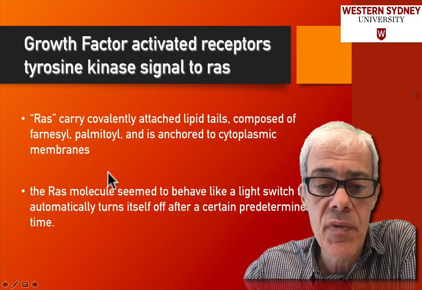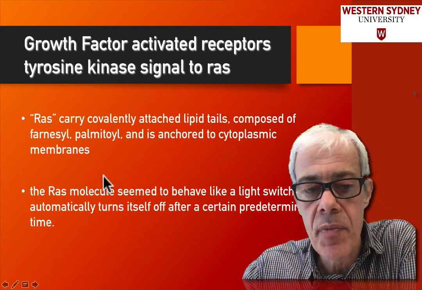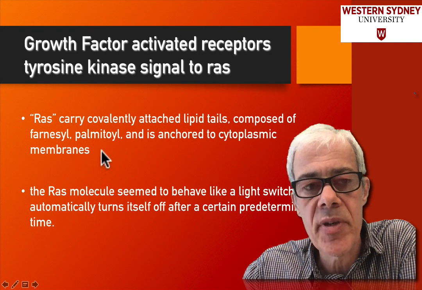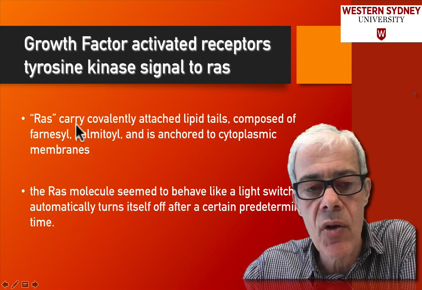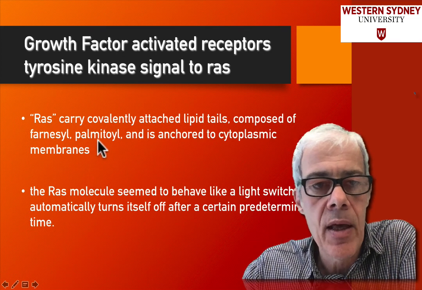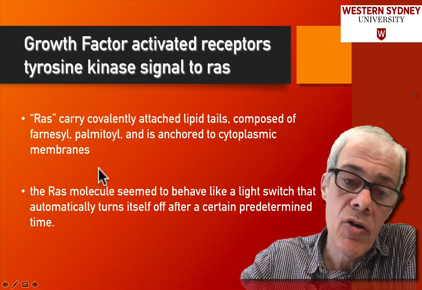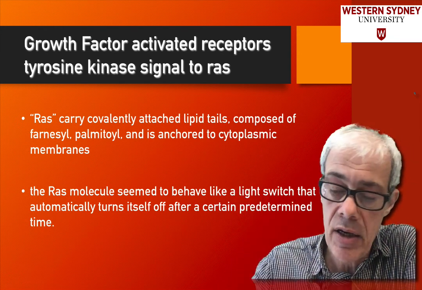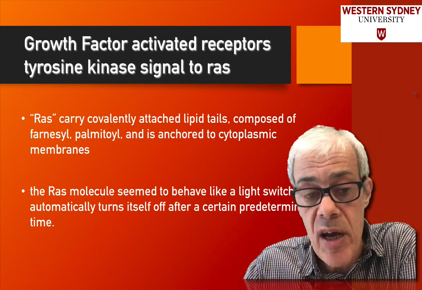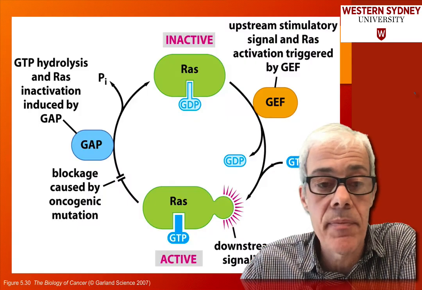And RAS itself tends to act as a switch. So RAS is in close proximity to these receptor molecules, and RAS is on the inside of the plasma membrane. And the receptor molecules cross the plasma membrane to pick up signals from outside, and maybe, who knows, maybe they transfer it to RAS. That was the idea.